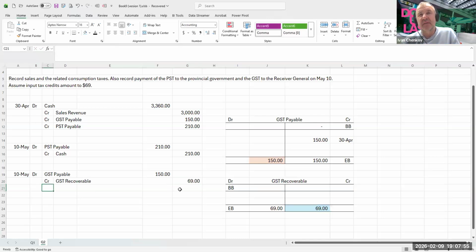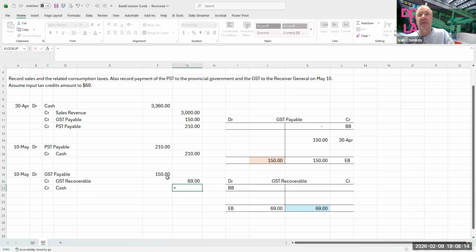And obviously we have to pay the difference. Once we subtract what we can recover from what we have to pay, we pay them the difference. And the government doesn't want anything but cash, so let's give them the cash: 150 minus 69.